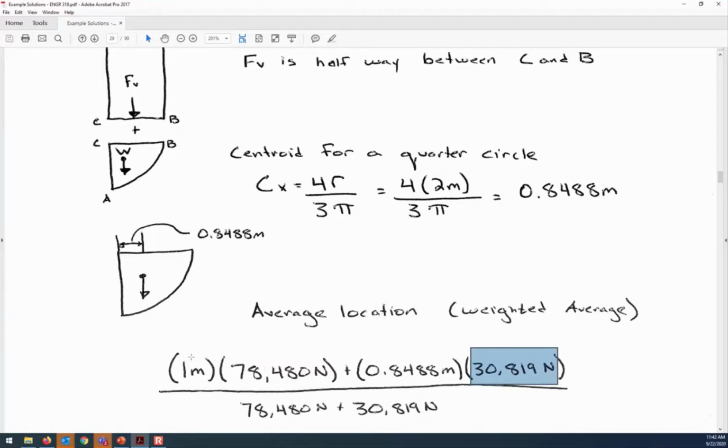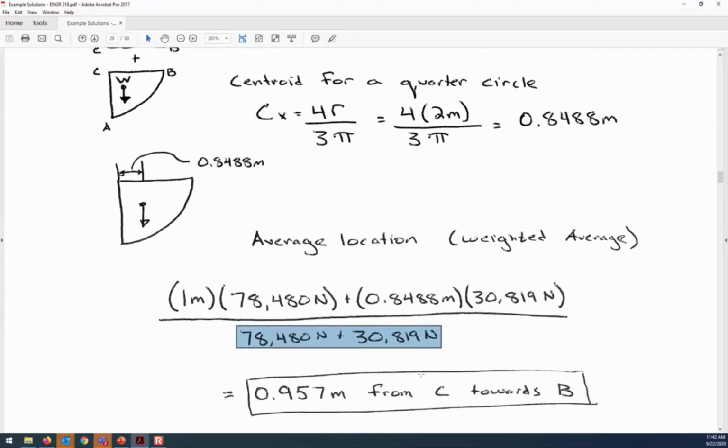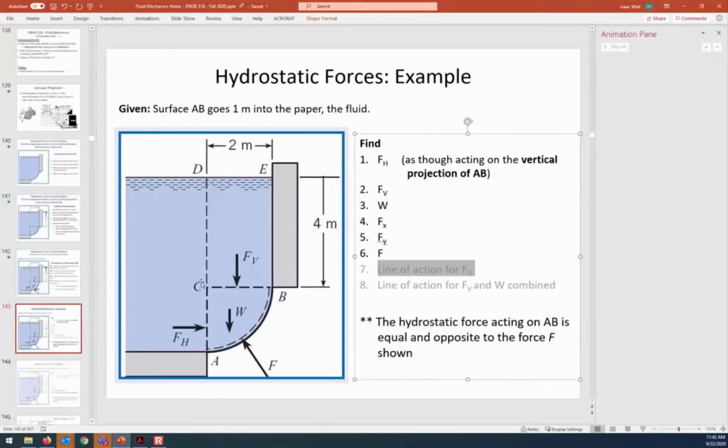So I multiply the location by the magnitude and then divide by the sum of the magnitudes. And what that does is it brings the final location to 0.957 meters from C towards B. So from C towards B, the average location of the vertical force is not quite 1 meter from that left edge.